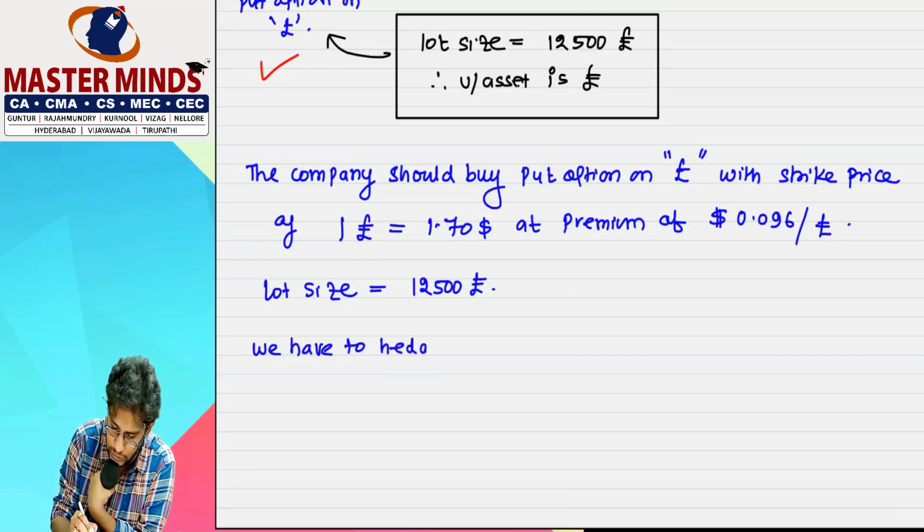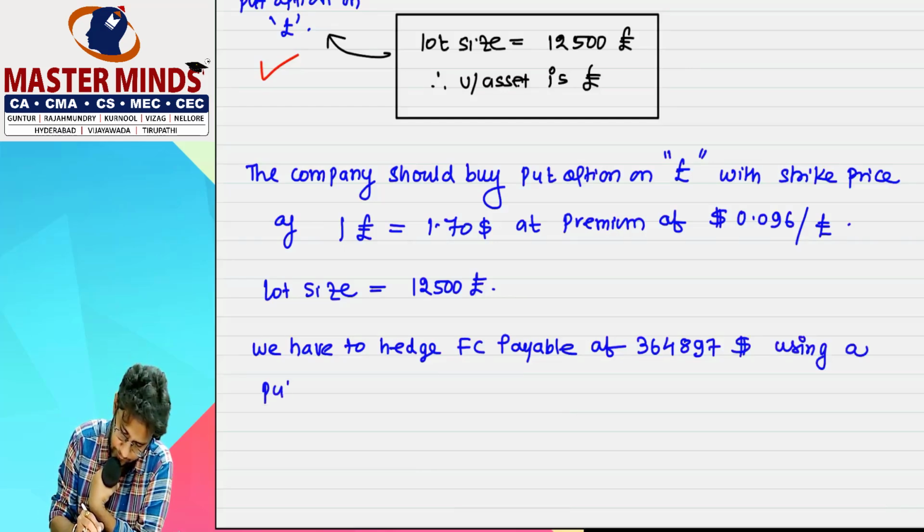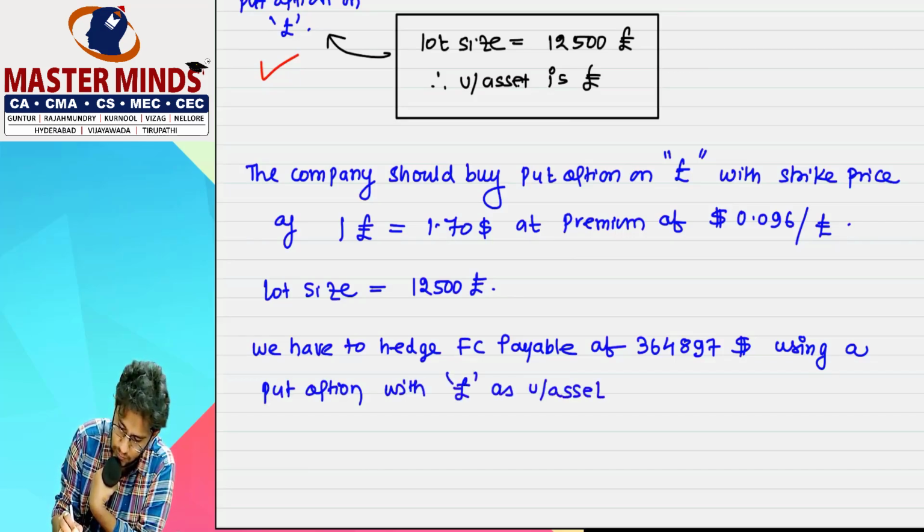We have to hedge FC payable of $364,897 using a put option with pound as underlying asset.